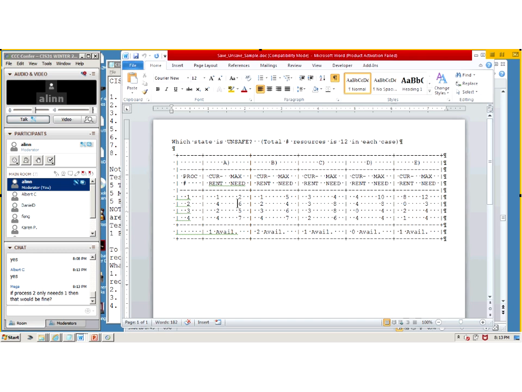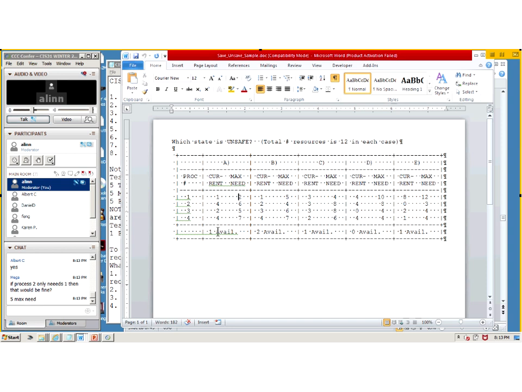Is that what you mean? Oh, if 5 were a maximum need, yeah, then it would still be safe to give it to 2. That's correct. So it would be safe to give the 1 to process 1, and if this was a 5, give it to process 2, and this state would still be safe. That is correct.